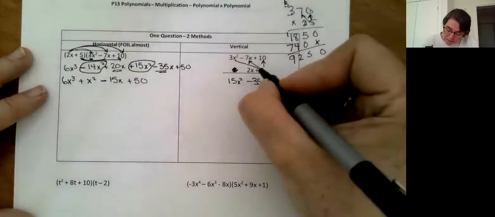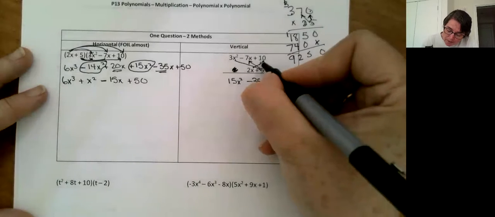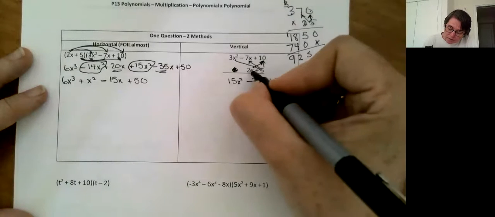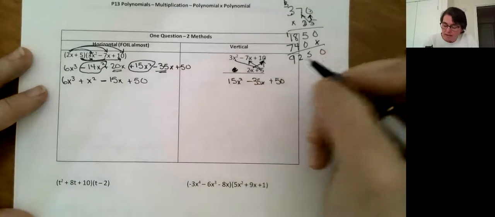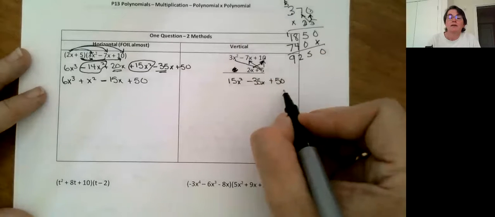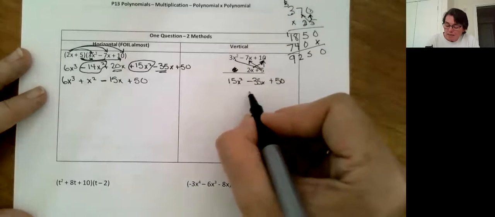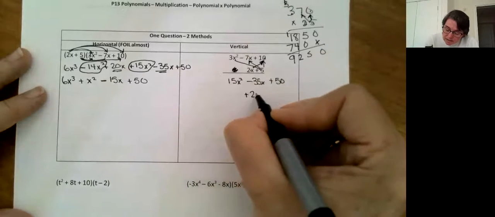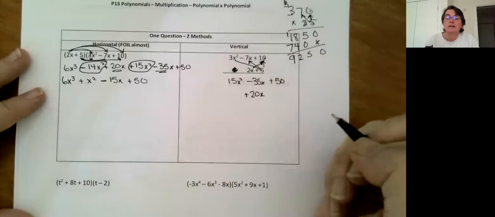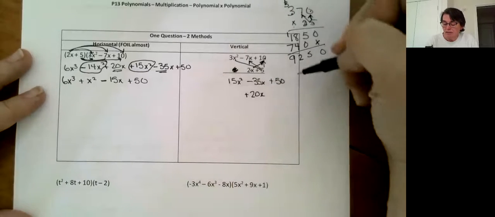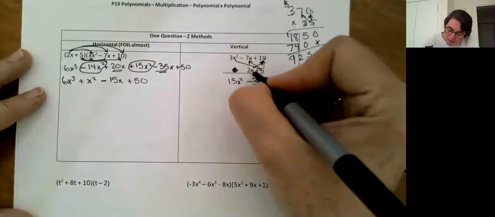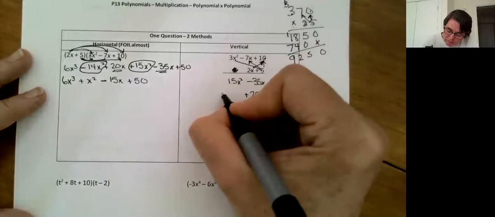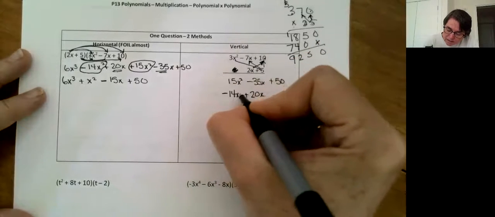Well, this is the step. When we go back and we go this way, now we're going to go 2x times 10. That's going to give me 20x. I don't want to put that here because there's no x's there. It makes complete sense to put it there. And then, just like we did here, we're going to add when we go down. 2x times minus 7 is minus 14x squared.